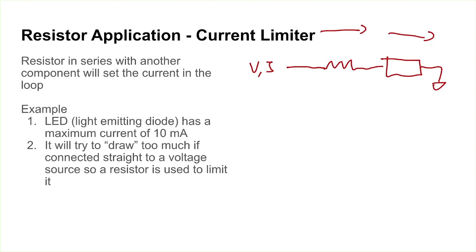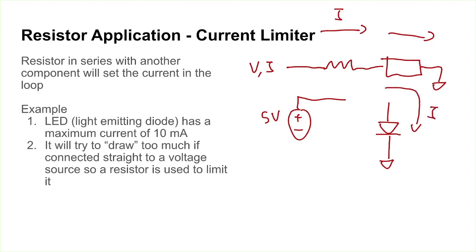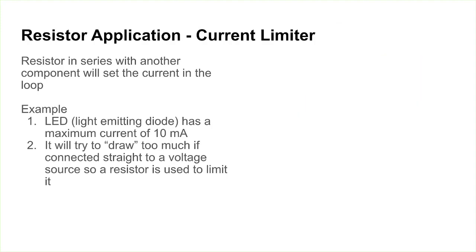So you can set the current by putting that resistor there in series. And the most common application of this in our case is an LED. So if you have a 5-volt source and you have an LED, which is a diode, and we'll talk more about diodes in a future video, and I want to set this current I because the LED can only take some maximum, I can set that current given a set voltage by putting in a resistor and tuning that value to be less than our maximum.